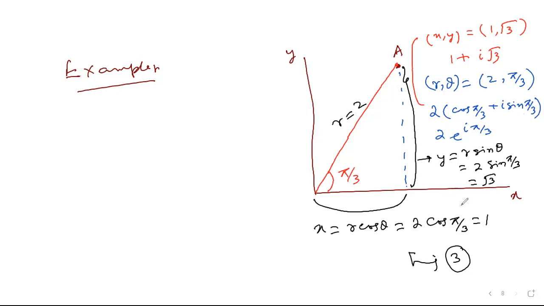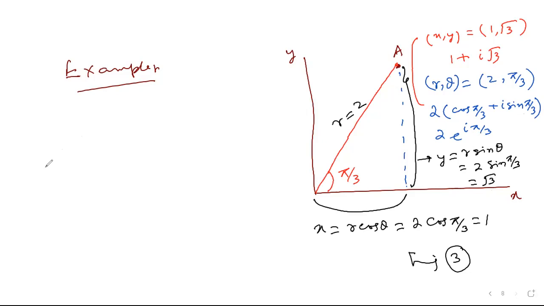r sin theta, which is 2 sin pi by 3, is root 3. x is r cos theta, which is 2 cos pi by 3, which is 1. So let me discuss this example.